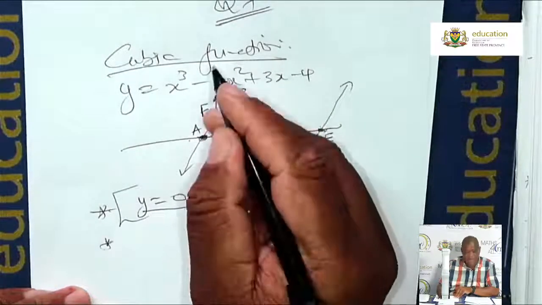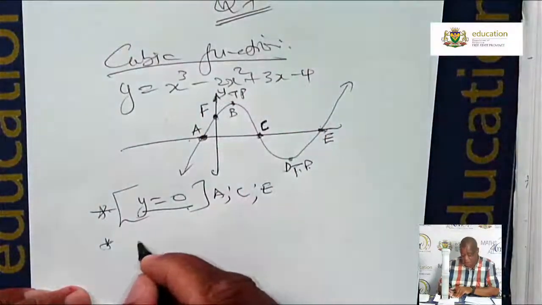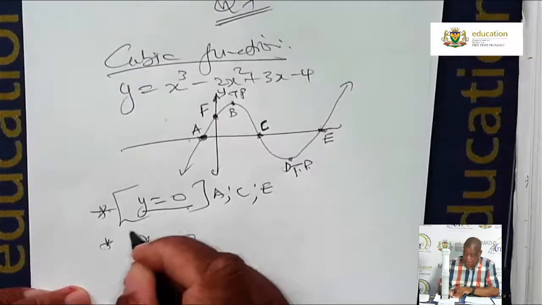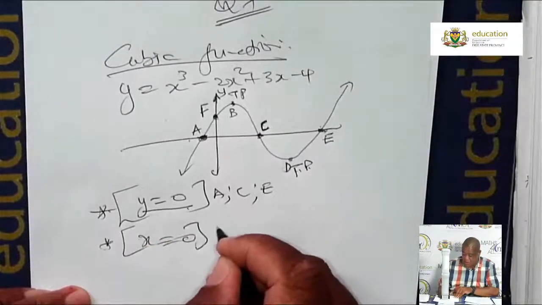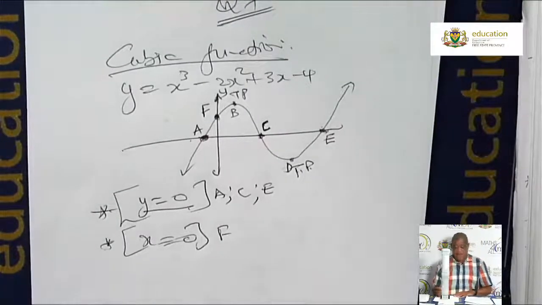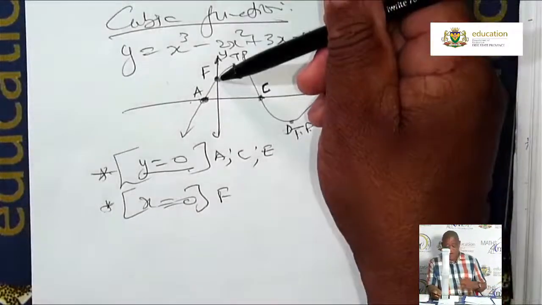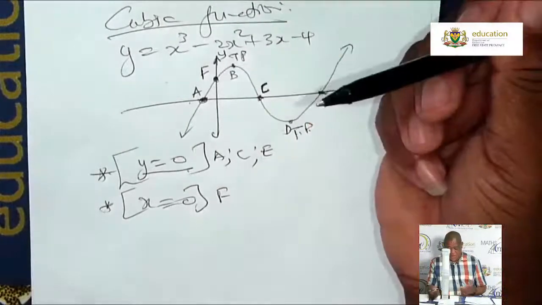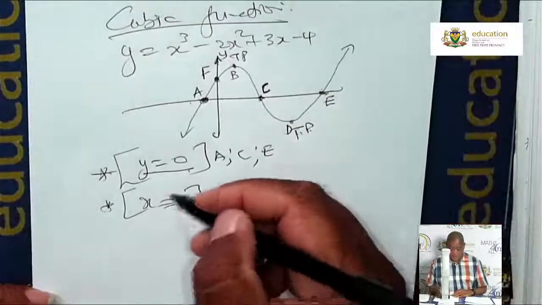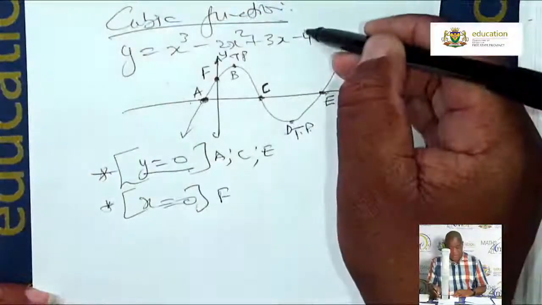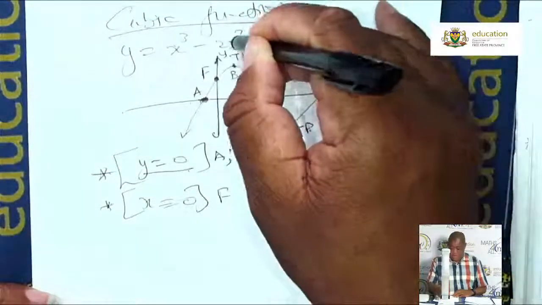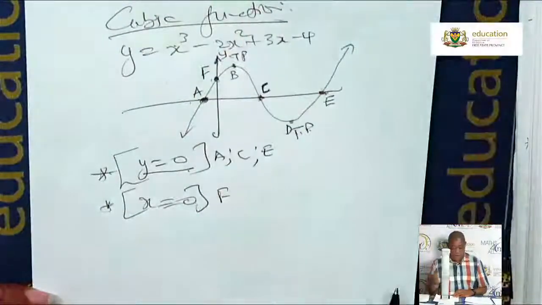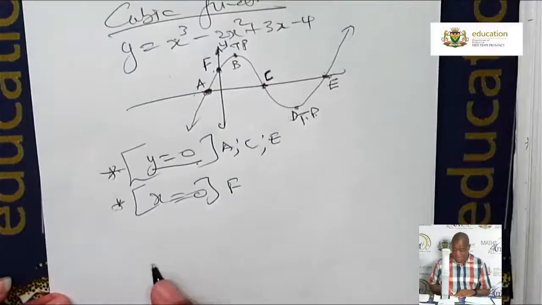That is the y-intercept, and for the y-intercept, x is equal to 0. If you see that at F, x is equal to 0, then you won't go wrong. You'll be able to put 0 in the place of x because the equation will be given. You just substitute into the equation, put the zeros, and you'll get the coordinates of point F. It's free marks if it's like that.